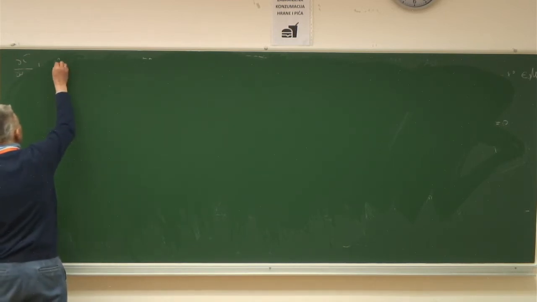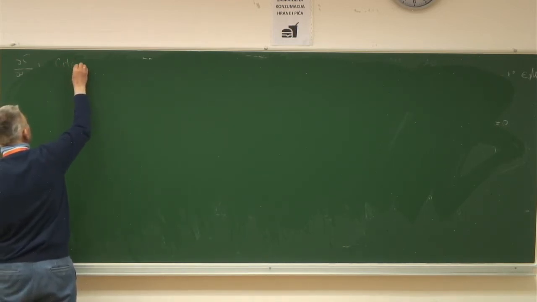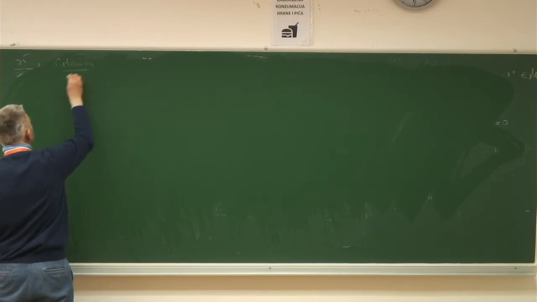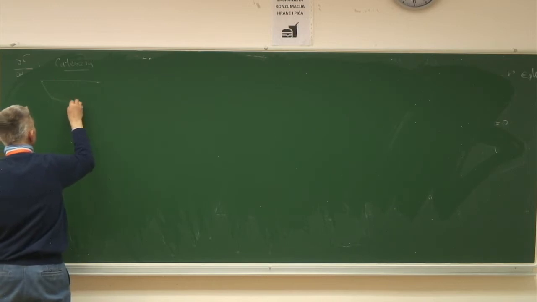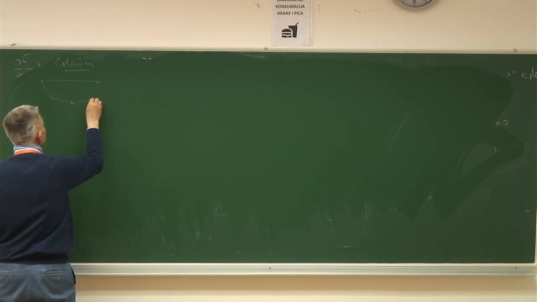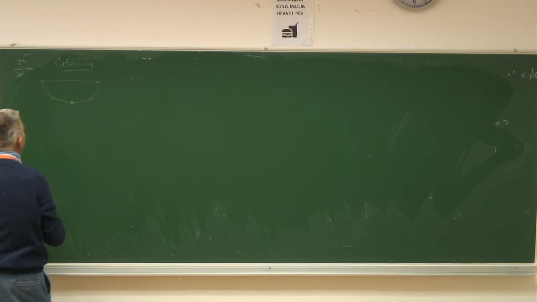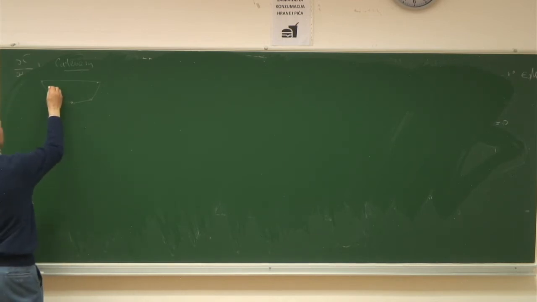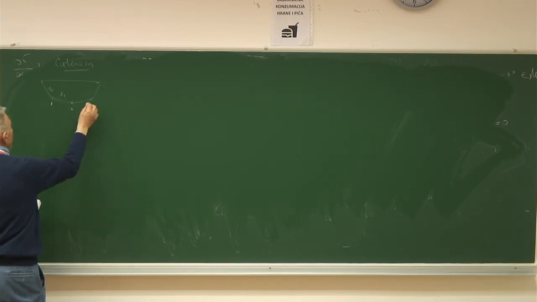Catenary. You have chords of lengths d1, d2, and so on. The points have the coordinates 1, 2, and so on.